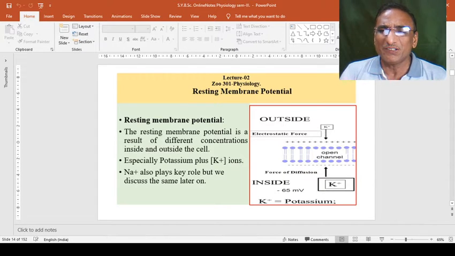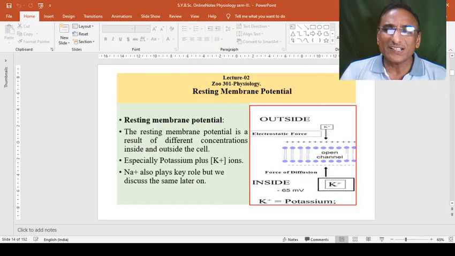In each and every cell, biochemical elements are naturally present and they perform all the physiological activities related to that particular cell. Here in nerve cells, especially, we see how the potential activities are carried out.